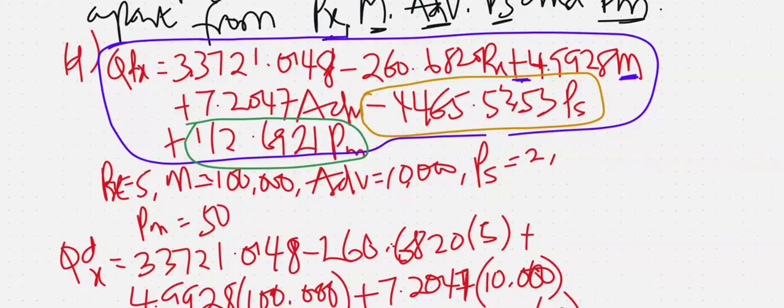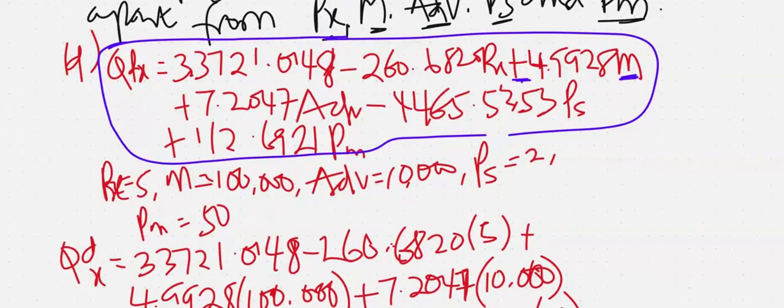The M, adverts, PS and PM are going to be substituted with their corresponding values, but the PX will not be changed. So we will maintain the PX.